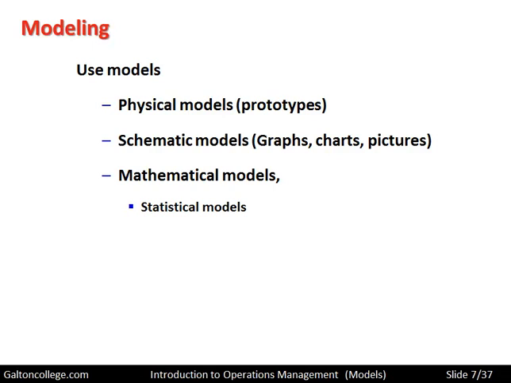That sort of quantitative approach may be useful in looking at the overall efficiency of a system.